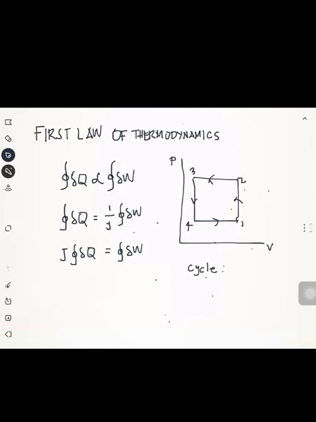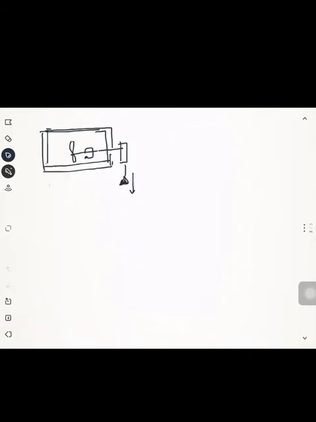So let's illustrate this law. Considering here we have this figure. This is a paddle wheel and it will rotate. Then we have a weight. So as there is lowering of weight here, the paddle will rotate.